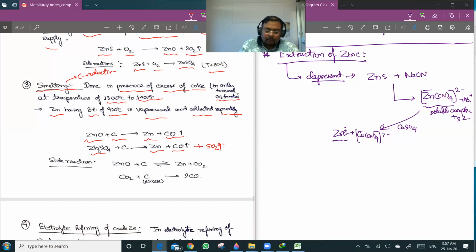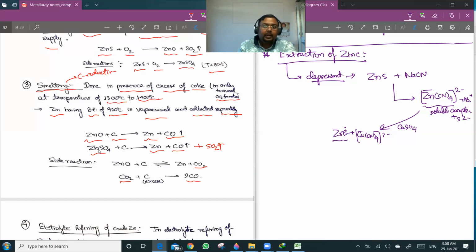Apart from this, you can also have side reactions like zinc oxide plus carbon giving zinc plus CO2. But this CO2 will be converted to carbon monoxide by the excess of carbon which we have put.